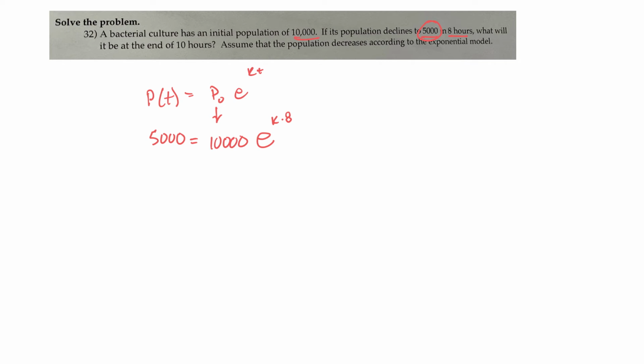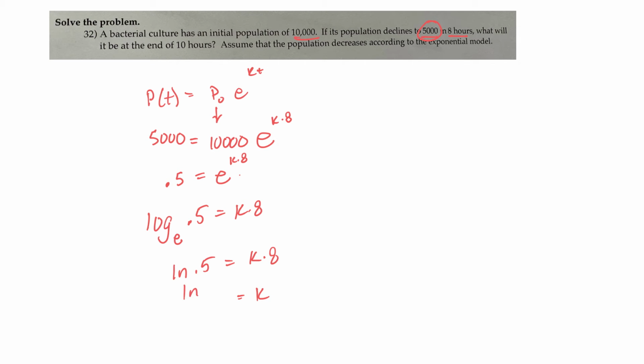So just knowing that information, I can solve for k in this formula. So I'll divide both sides by 10,000. So I'll get 0.5 is equal to e to the k times 8. Change from exponential form to log form. So it'll be log base e of 0.5 is equal to k times 8. Log base e is the same as ln, so ln of 0.5 is equal to k times 8.